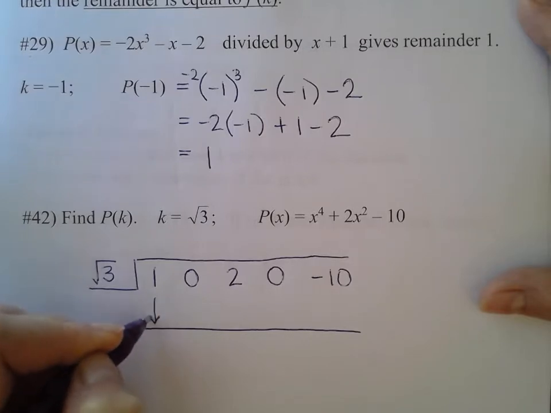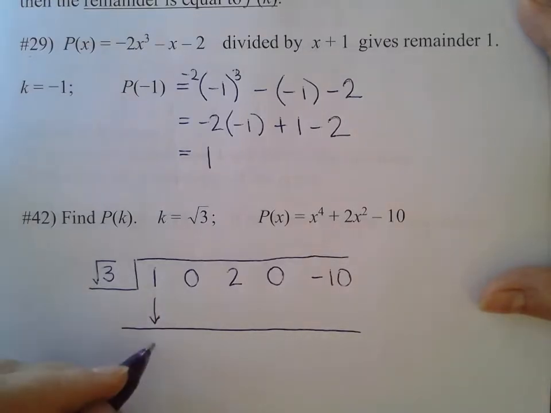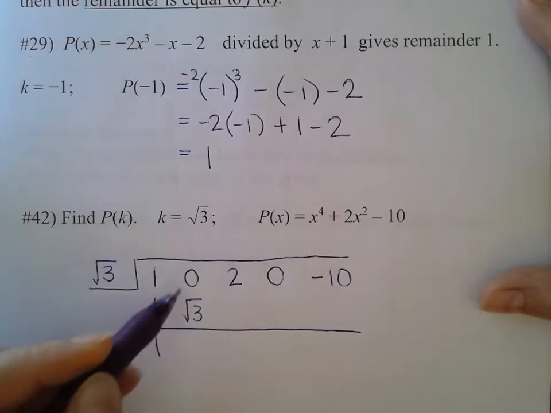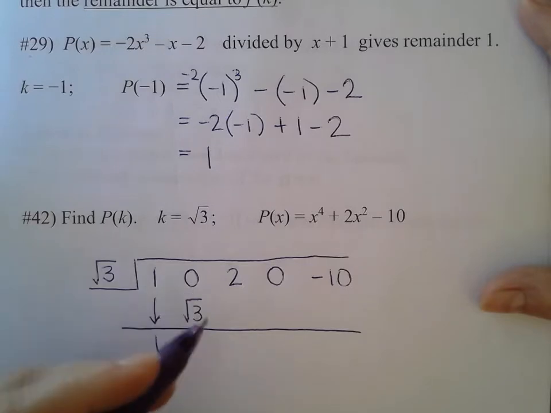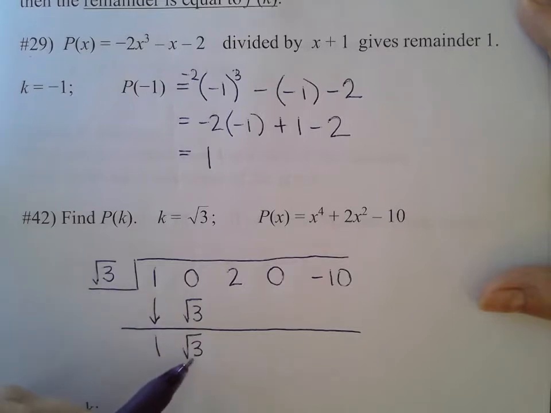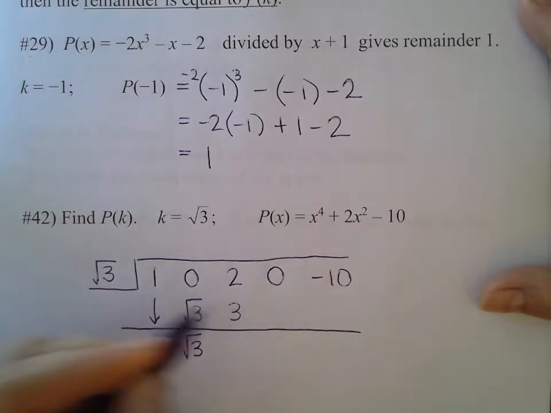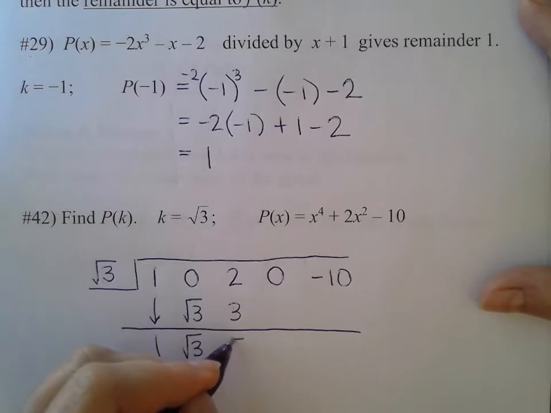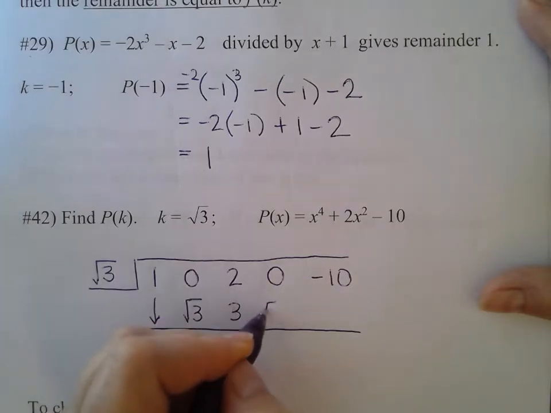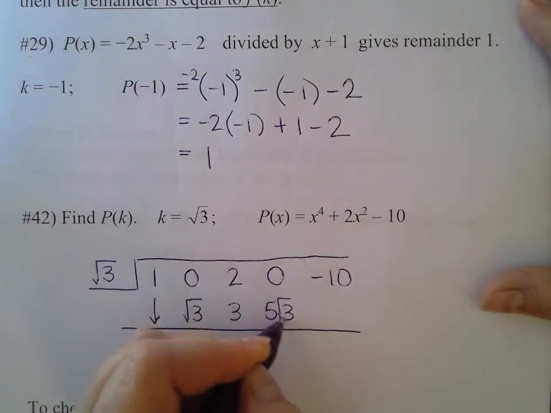We're going to bring down the 1, multiply by square root of 3, and then add down 0 plus square root of 3, and repeat. Multiply square root of 3 times the square root of 3 is 3. Add down, it's 5. Multiply square root of 3 times 5 is 5 square root of 3.